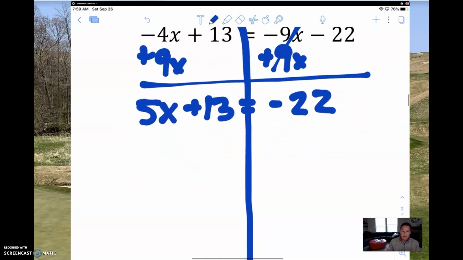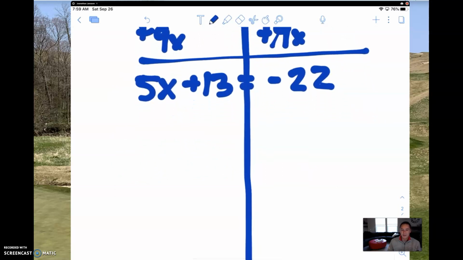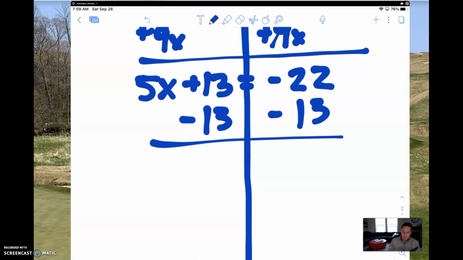Now once again, we are left with a two-step equation. Let's get rid of the plus 13 by subtracting it. On the left side, we are left with 5x. And on the right side, negative 22 take away 13.